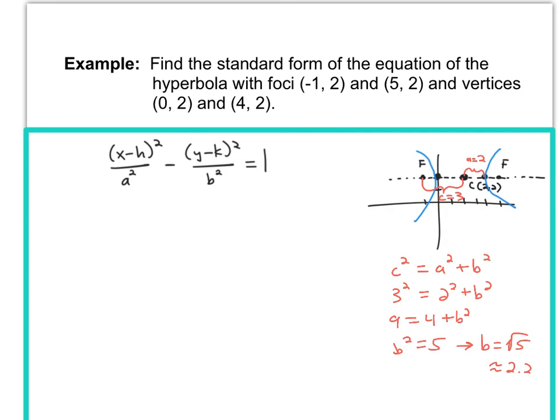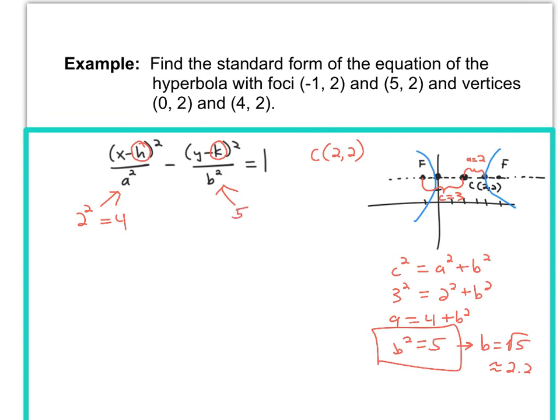So what I'm going to do is put my center numbers in here. That was 2 and 2, because my center is 2, 2. I now know that a squared is 2 squared, which is 4, and I know that b squared is 5.